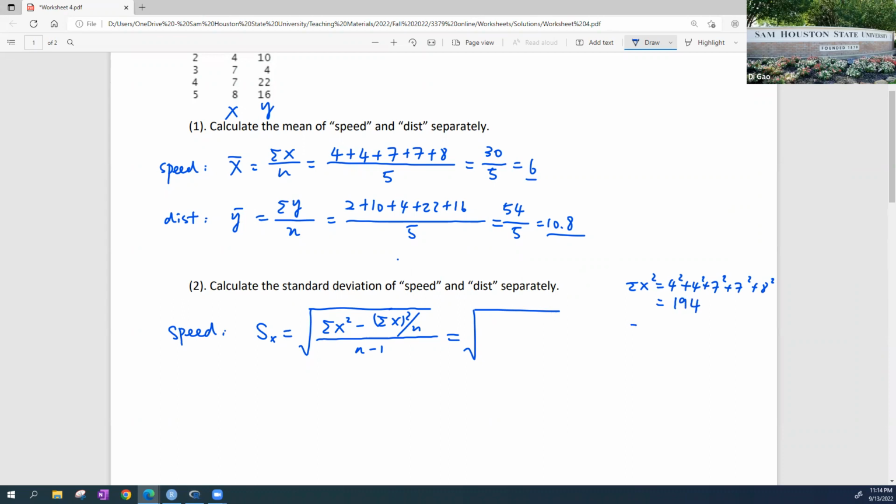Similarly, we can calculate sum of y squared. So that is 2 squared plus 10 squared plus 4 squared plus 22 squared plus 16 squared. So let's see what it is.